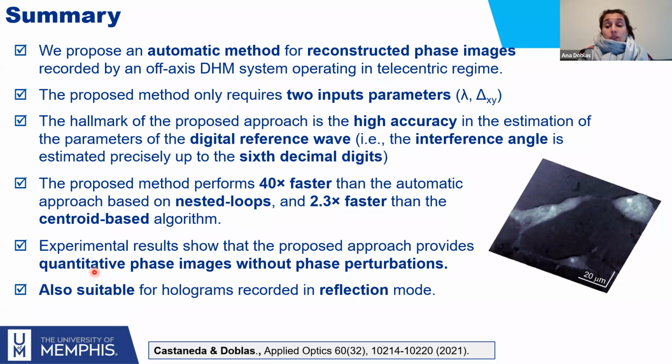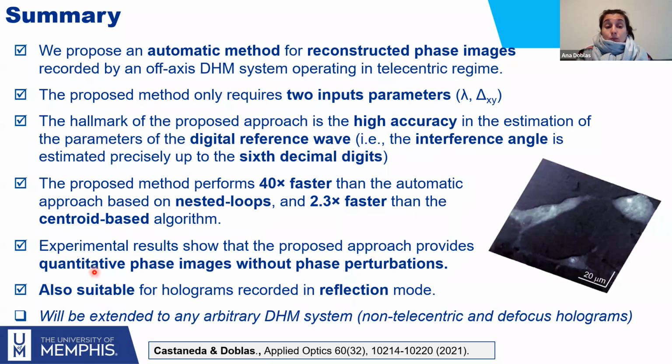So it doesn't matter if the sample is transmissive or reflective, as long as the DHM system operates in telecentric regime, it's gonna work out. Currently, we are working on updating the approach, so it's not only working for telecentric but also for non-telecentric, and also it's able to focus on your samples automatically.